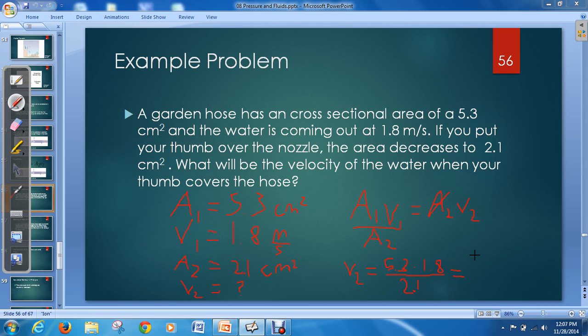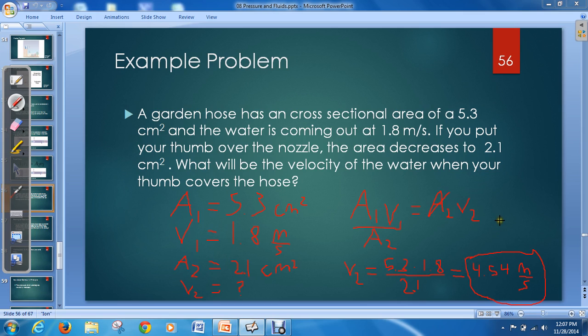And so we get 5.3 times 1.8 divided by 2.1, and we get 4.54 meters per second. Okay, there you go. So there's your answer. That the faster moving water is going to be moving at 4.54 meters per second.